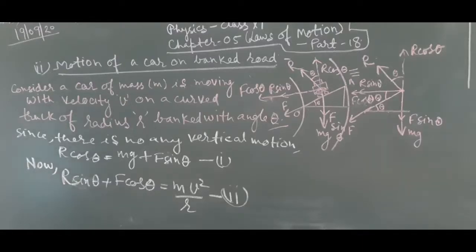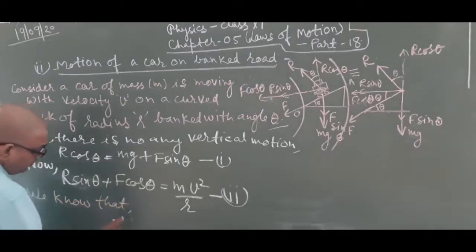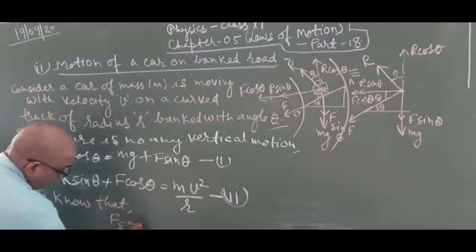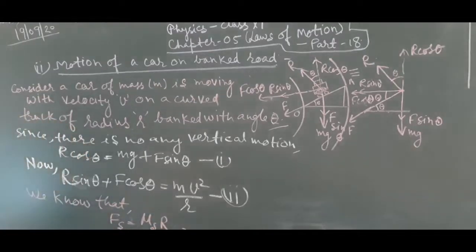Now we know that F is equal to mu s into R. In the case of friction, we have studied F is equal to mu s into R.